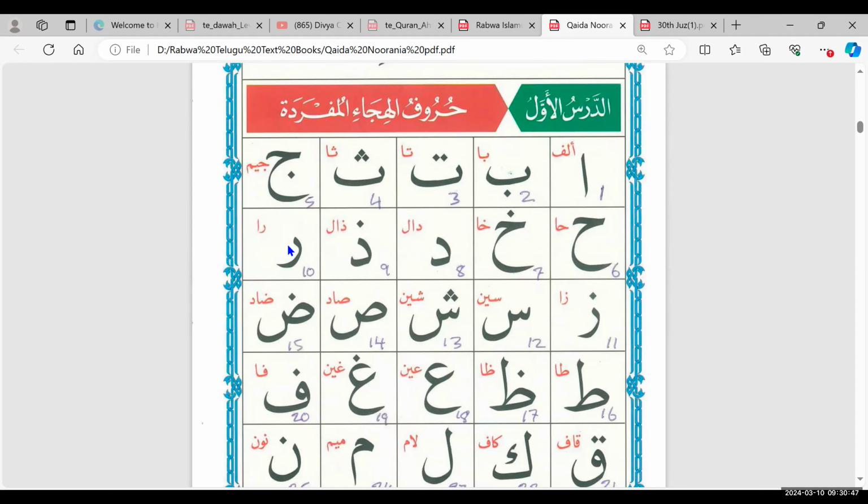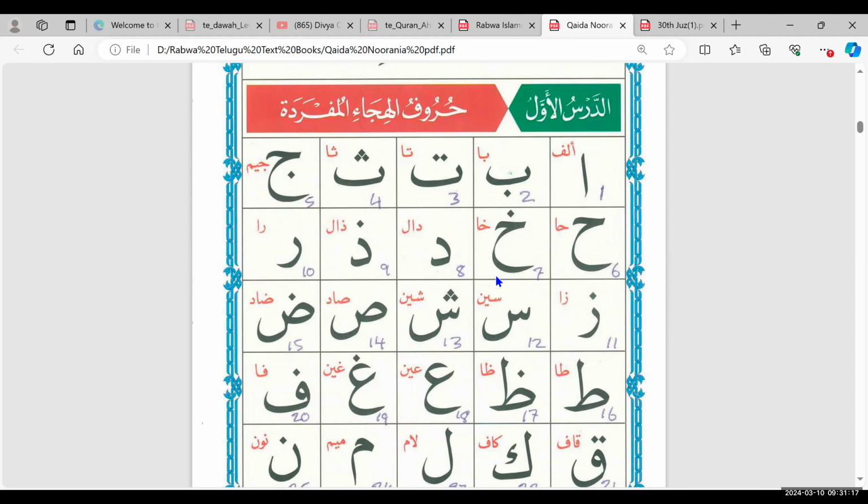Here it is a mad: ra, za, sin, sheen, sad. Why do they put the alif here? Because some people may read it ba, ta, sa, ja, like that, which is not correct. So I'm not sure why they put the alif here. Some prints also have this alif, but in my point of view, it should not be there. Ba should be like ba only.